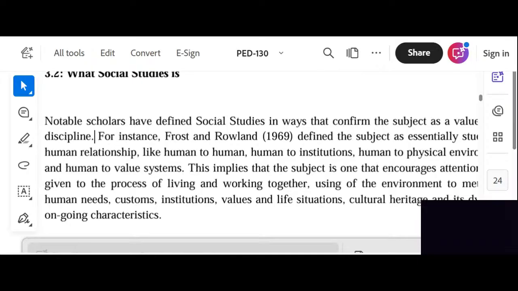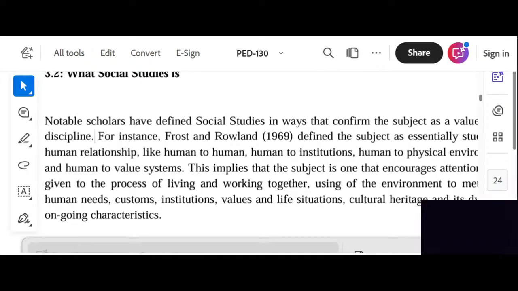So when we are saying human relationship, it is not narrow to man relationship alone, like you and your fellow human. It also concerns how you relate to other things around you, like the atmosphere, the environment in which you live, how you relate with it. Do you leave your environment bushy? Do you clear it? Do you make it neat? Do you leave everywhere unkept?